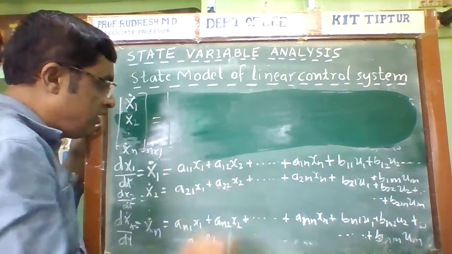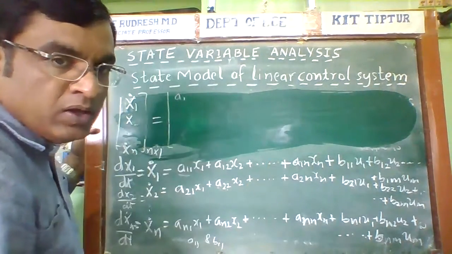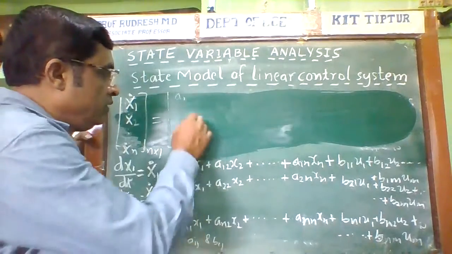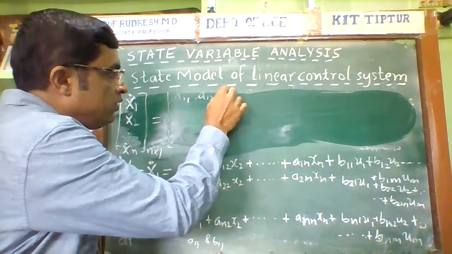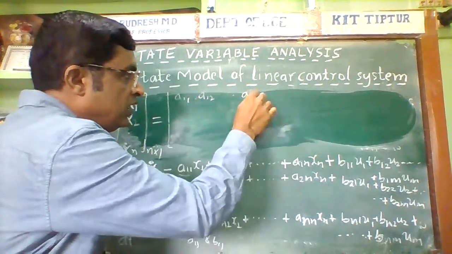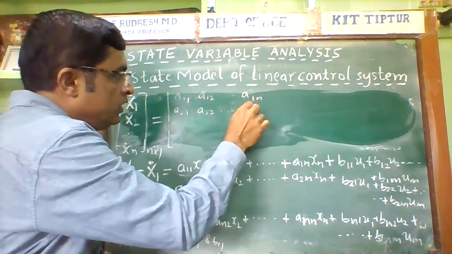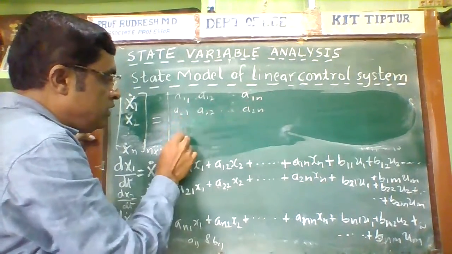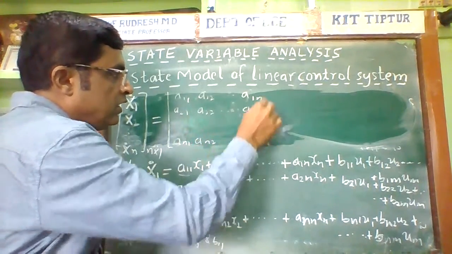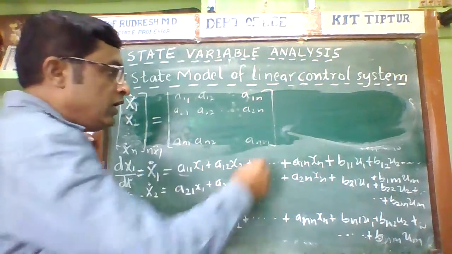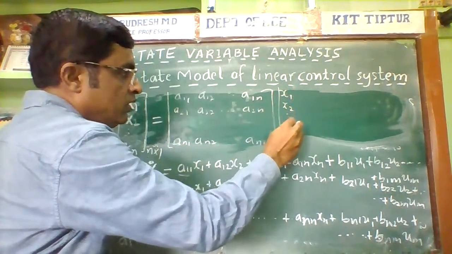Similarly, here I write the coefficient matrix: a11, a12 up to a1n; a21, a22 up to a2n; similarly an1, an2 up to ann. This matrix is multiplied with the state variables x1, x2 up to xn.